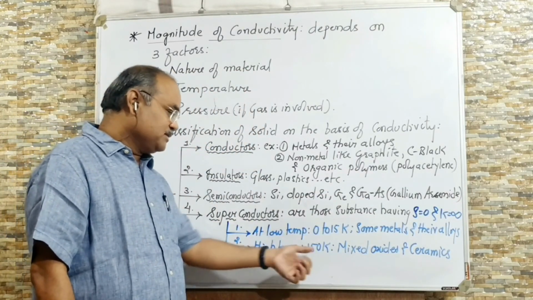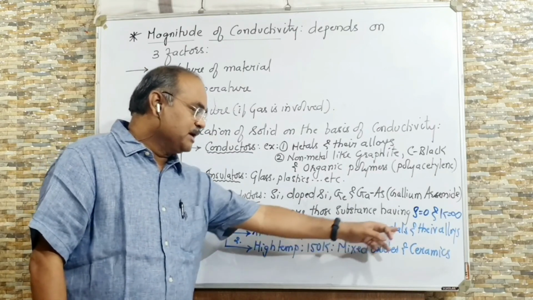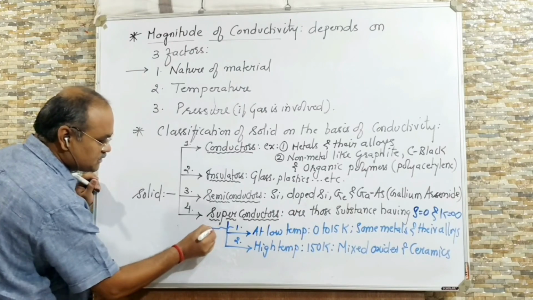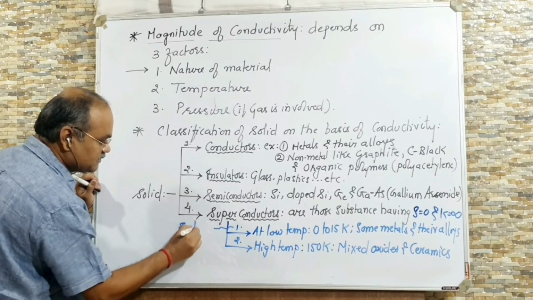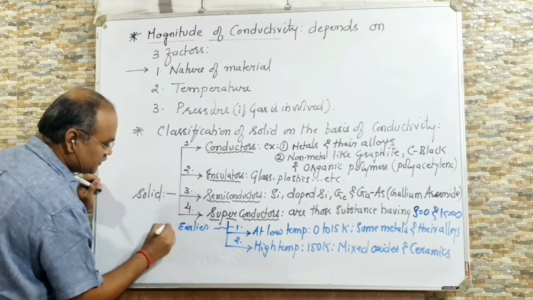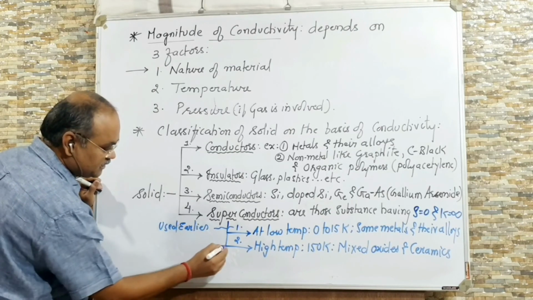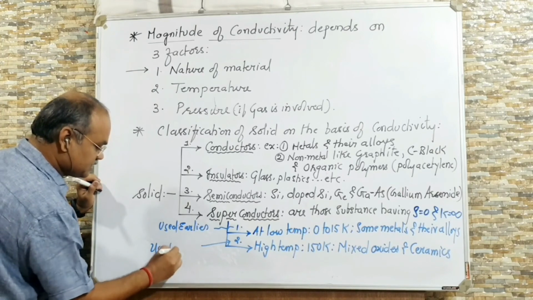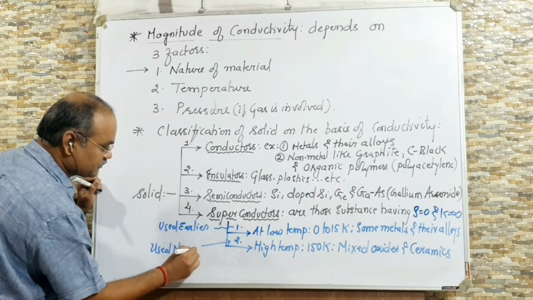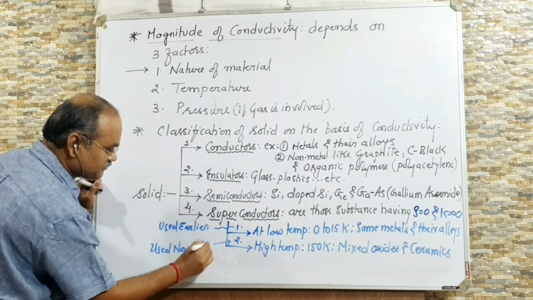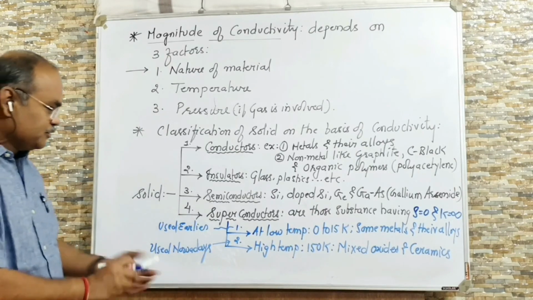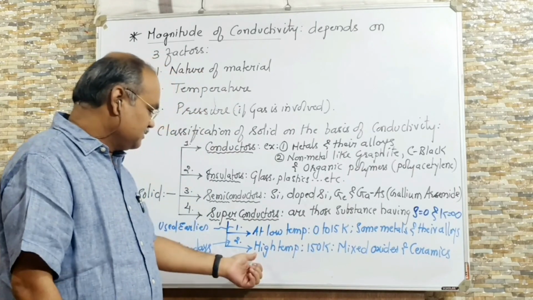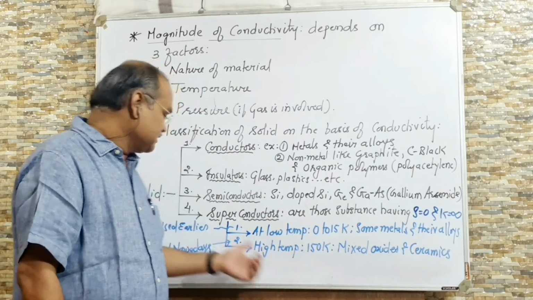At low temperature 0 to 15 Kelvin, some metals and their alloys were used earlier. Nowadays we are using mixed oxides and some ceramics at 150 Kelvin temperature as superconductors.